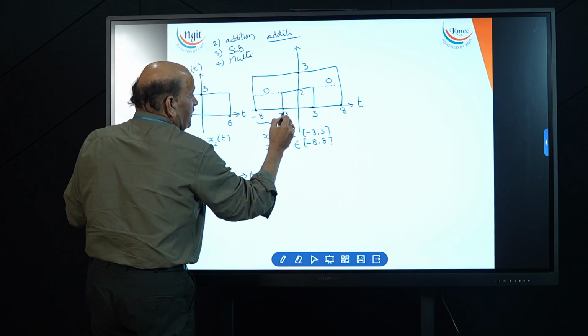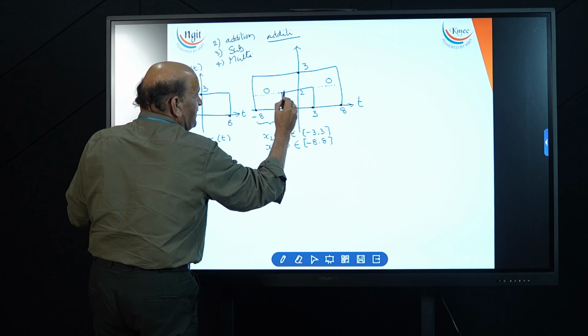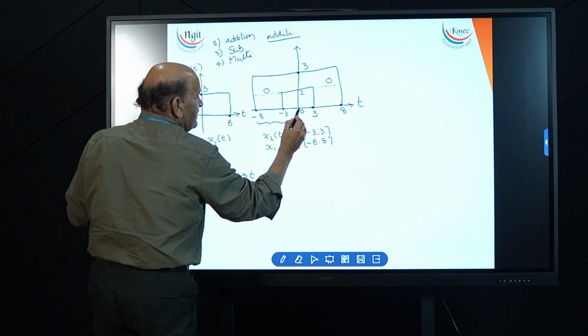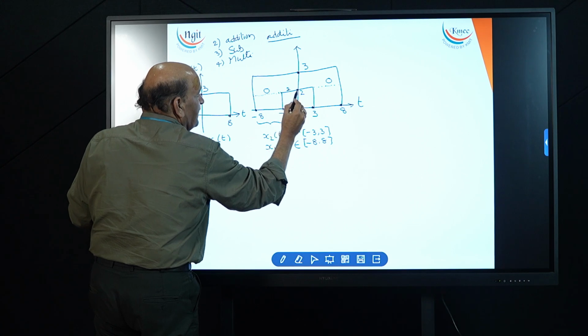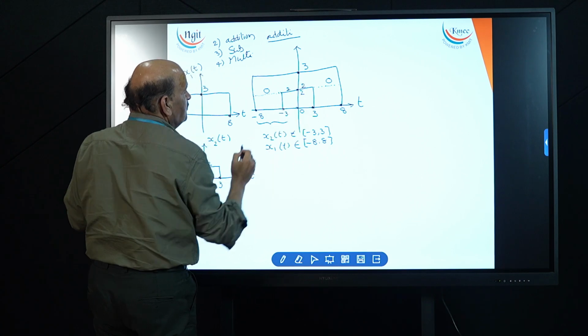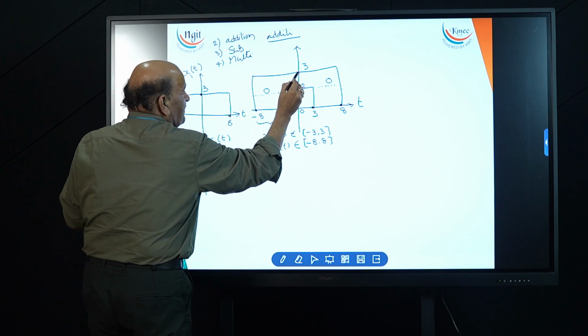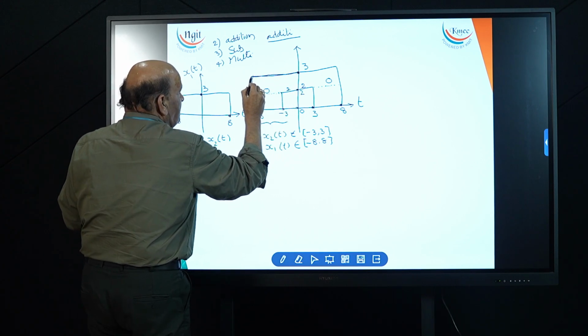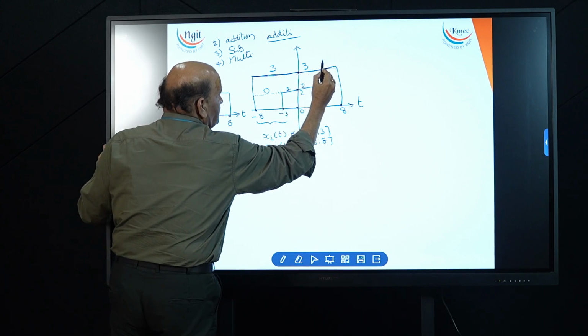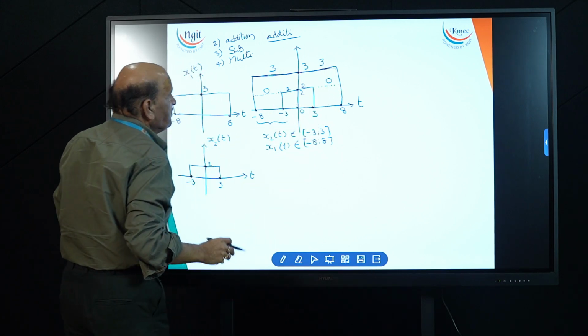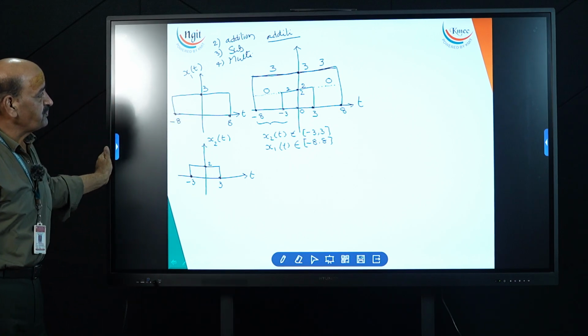Now the small signal is having 2 amplitude. 2 amplitude means what? From this to this, amplitude is 2. For the big signal, from this point to this point, the amplitude level equal to 3. Similarly, this point to this point, the amplitude level equal to 3.